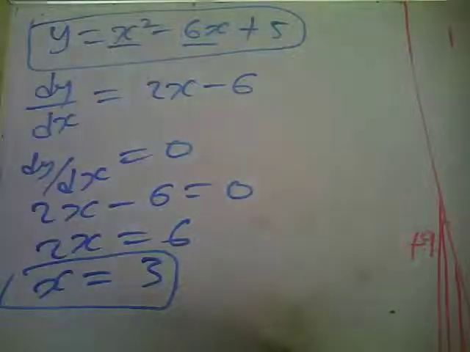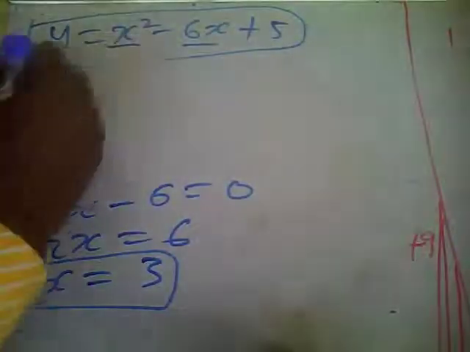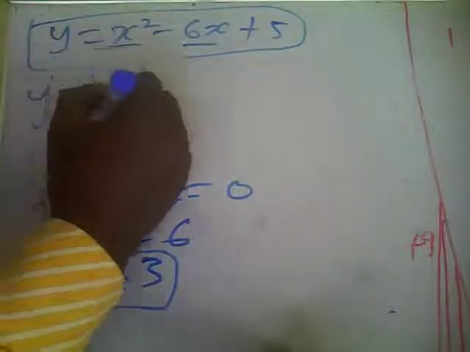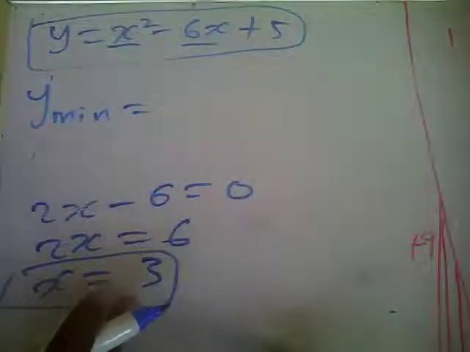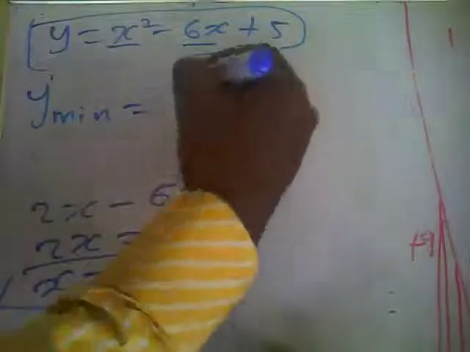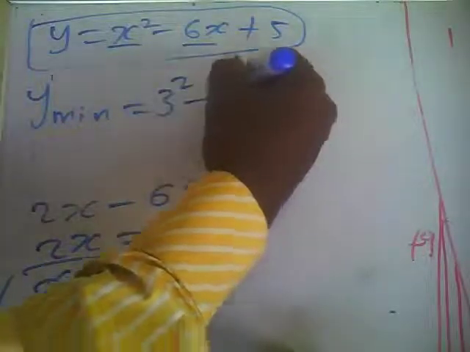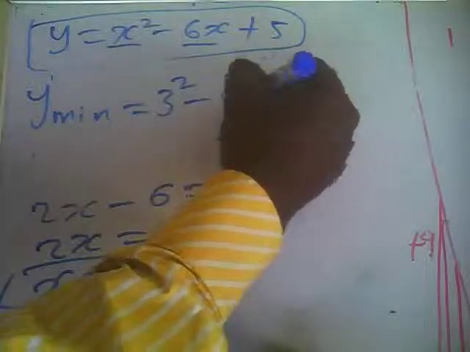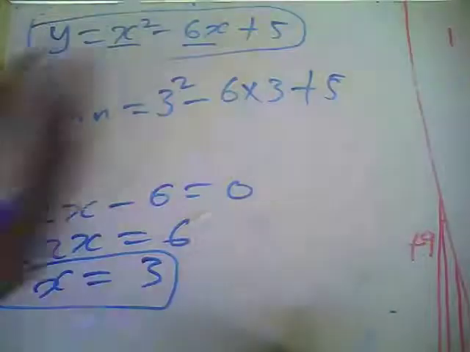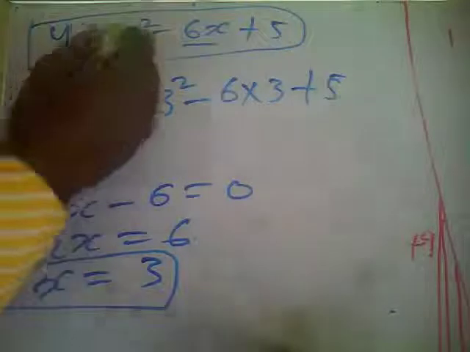So to find y minimum, we put this x value into the function. That's 3 squared, minus 6 times 3, plus 5. Can you see that? Instead of writing x, we are writing 3.